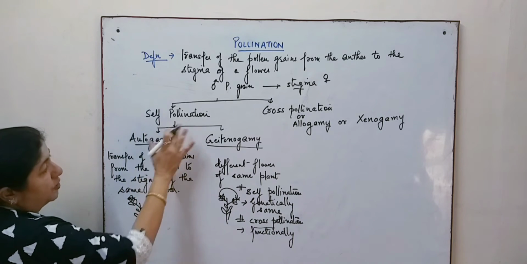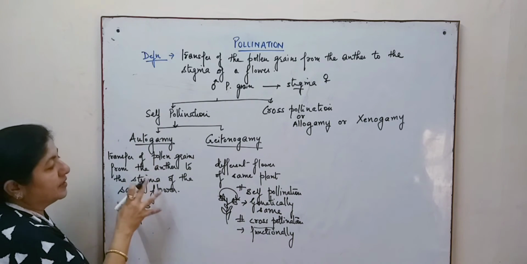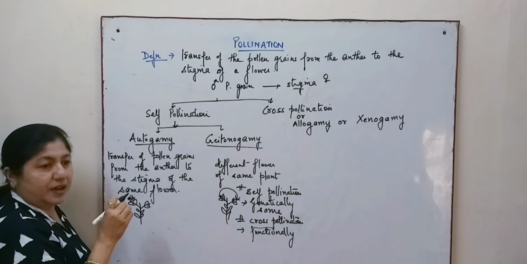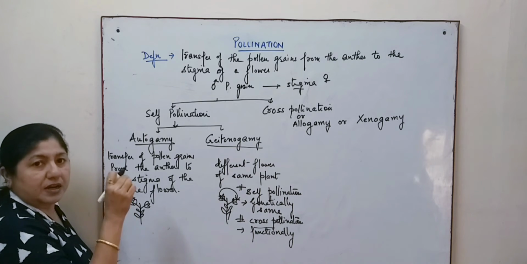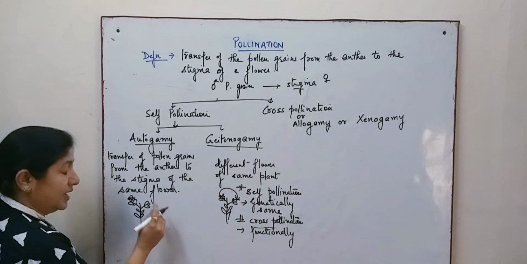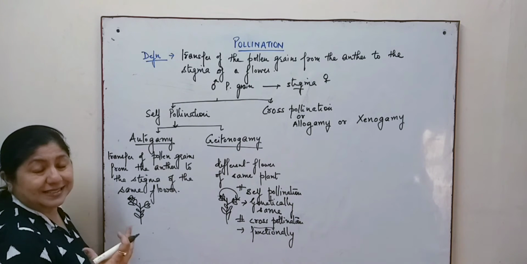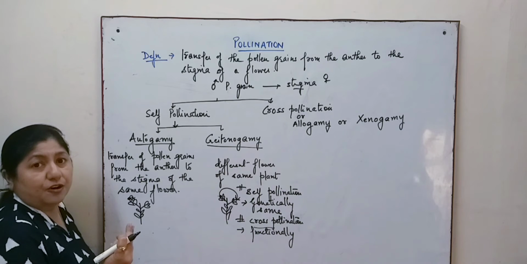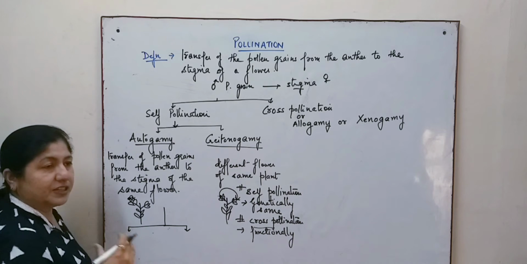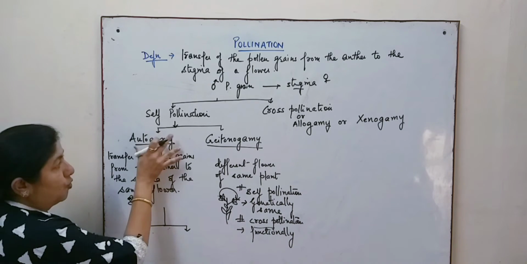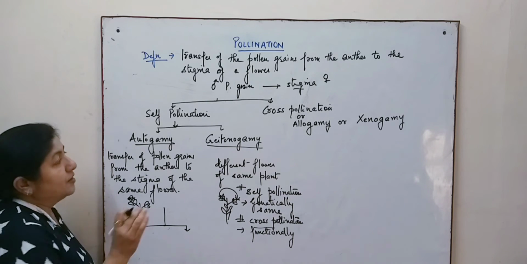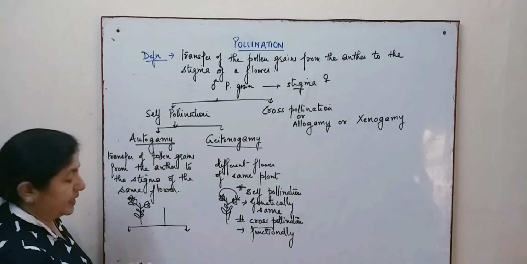So here we have self-pollination divided into two types, depending on whether the pollen grain moves within one flower or from one flower to a different flower of the same plant. Now autogamy again has certain types, in which two types of flowers are seen. Some species show autogamy, but depending upon whether the flowers are open or closed, we divide autogamy into two types.